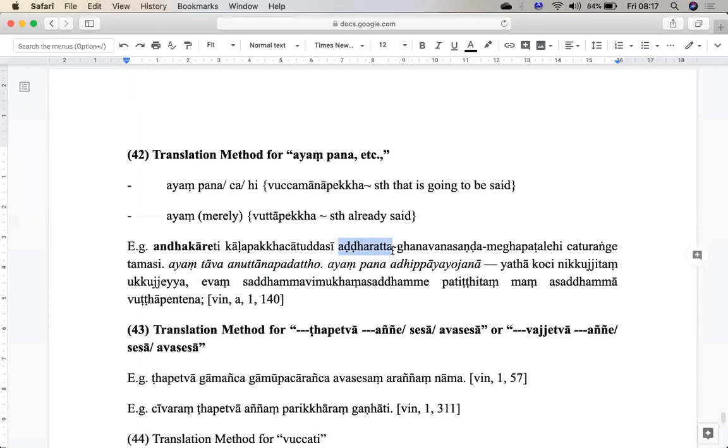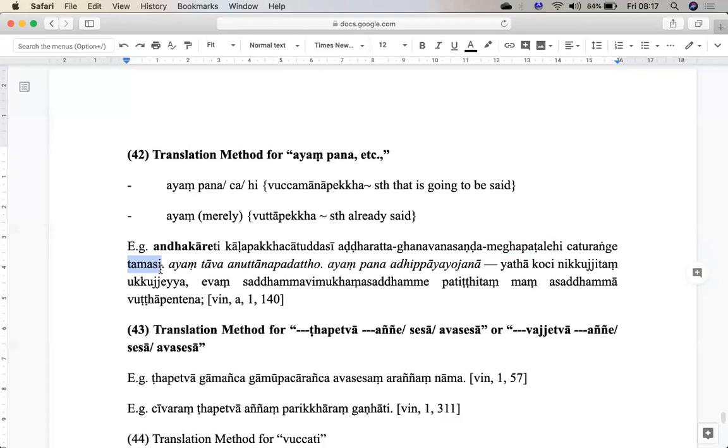And addharatte in the midnight, at the midnight, and also kanana vanasande in the deep forest, and meghapatalehi. Meghapatala means cloudy, and the sky also cloudy. So andhakare means in the darkness. Okay, so tamasi, the meaning of andhakare is here tamasi. Tamas means dark, darkness. It is located in the darkness. The meaning of andhakare is just in the darkness.